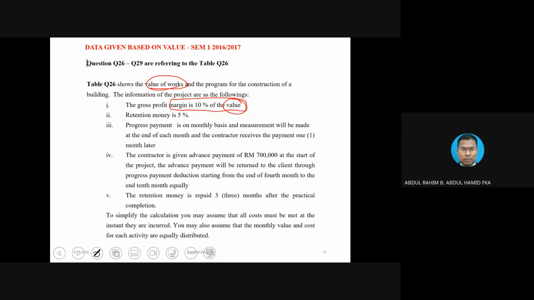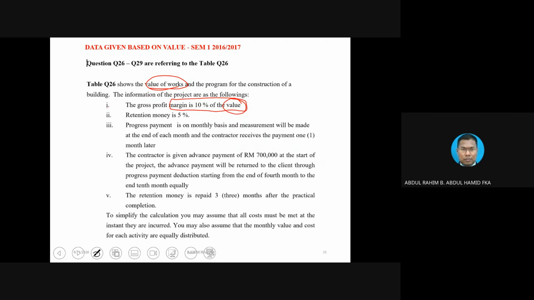The concept. Okay, now lastly, I just want to give you one example that is really close to the typical final exam question. I've given you a sample of a previous final exam question. In fact, in assignment number 2, I have given you 2 questions related to cash flow.